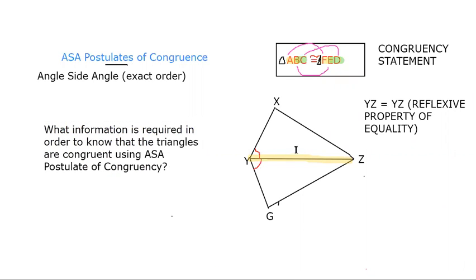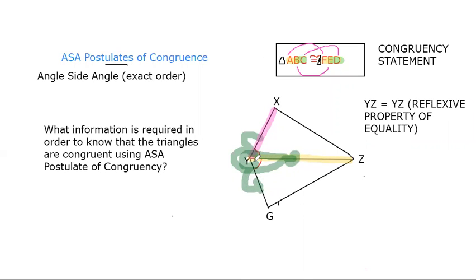Well, let's read triangle XYZ. So I have a side, and then if I went around the triangle, I'd have the angle. Well, then I need this side right here. I need to know something about side XY, right? Well, let's read the other triangle. I have this side, then I come out, and I have this angle, so I need this side.